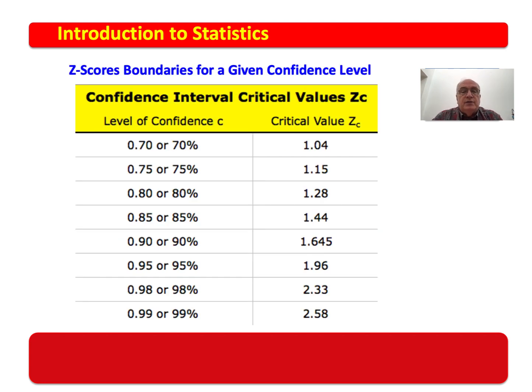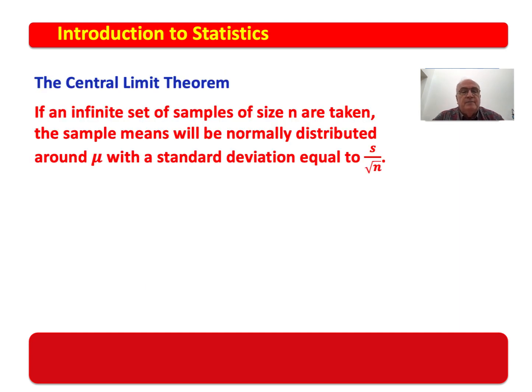I'll remind you of these critical z-score values for 99% all the way down to 70%, but I remind you that the ones that are most used are 90%, 95%, 98%, and 99%. Rarely do you do an 85, 80, 75, or 70% confidence interval.